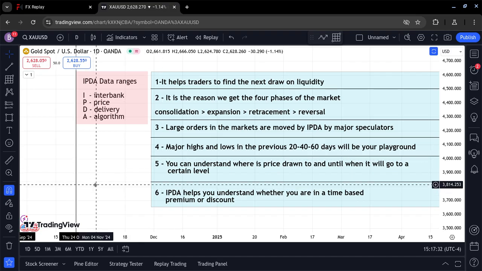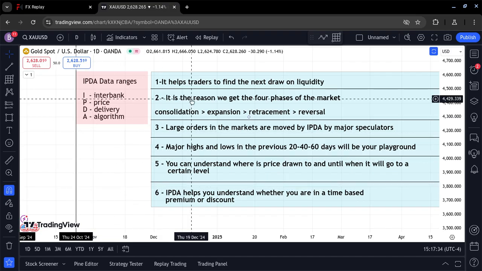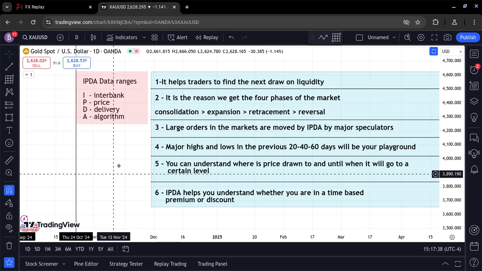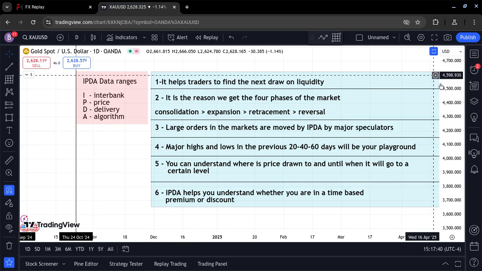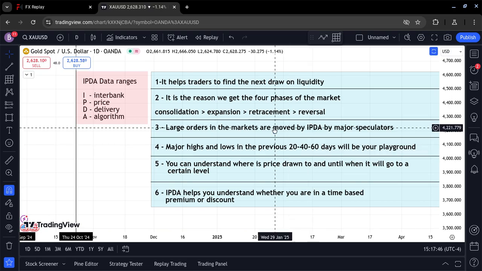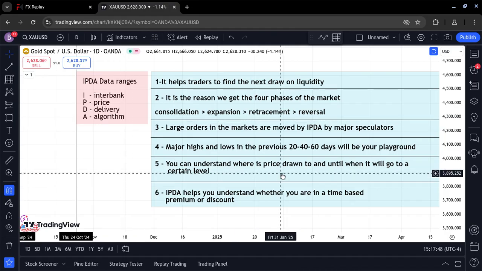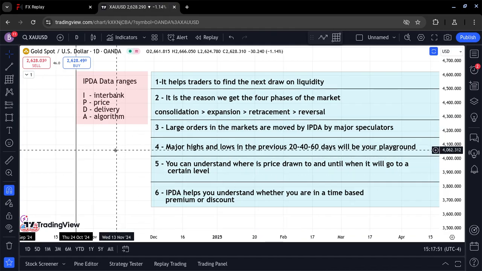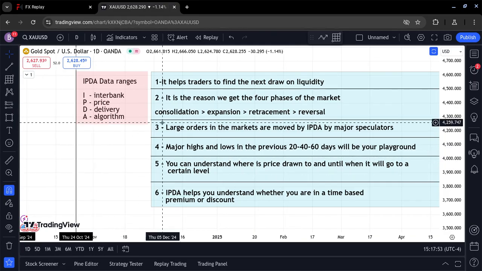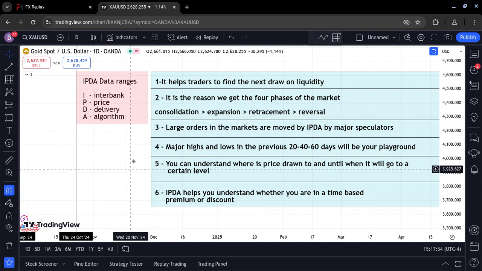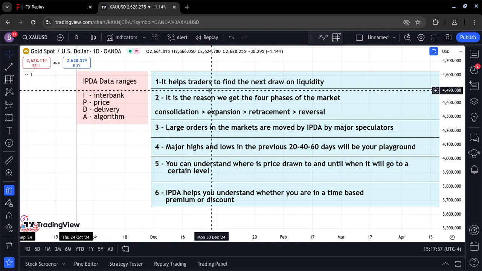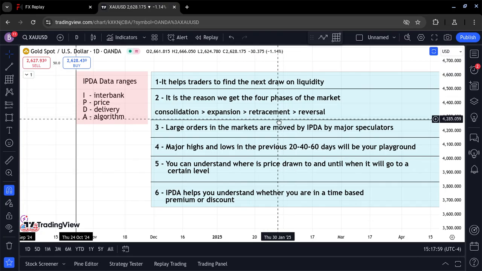Let's suppose you don't know where gold is going, it's been parabolic since a very long time. It's been going bullish. You don't know until when it will go. You don't know where it will go, like price will go to 4,000, 5,000, 2,500, whatever. But using IPDA, it will help you realize and understand until when it will go up, and then when you can expect a retracement or a reversal. You get it?